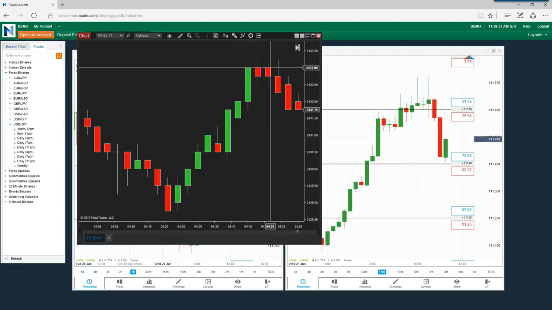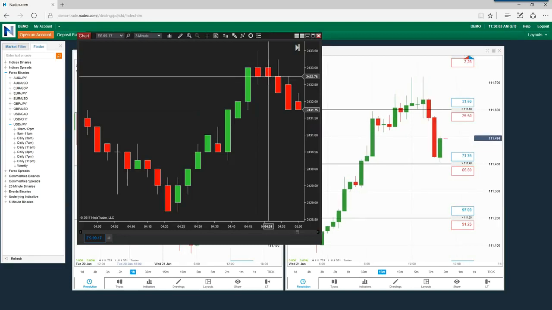On a red candlestick, open is at the top, close is at the bottom of the body. Does that answer your question, Giovanni? Now see, right now on the USD JPY, we just got a bullish bar indicating that this bar should go up.